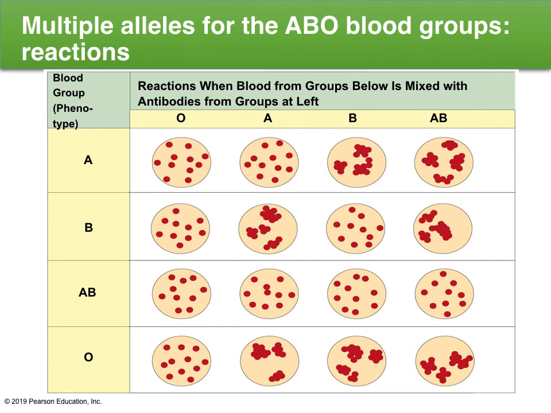Well, AB would be the universal recipient with regard to red cells. And here's O. Again, O can receive O because there are no carbohydrates, but because they have both anti-A and anti-B, they cannot receive these other blood types. So anybody can receive O, but O can only receive O.